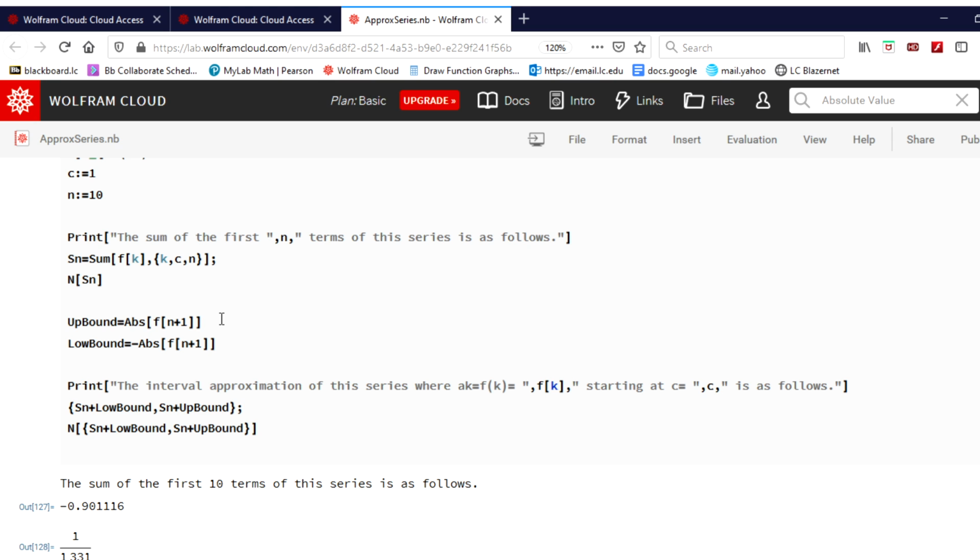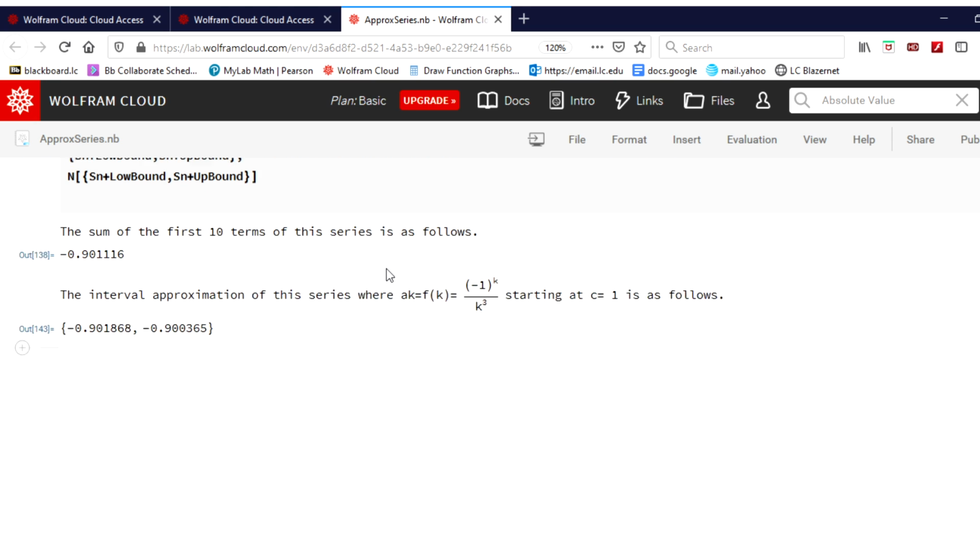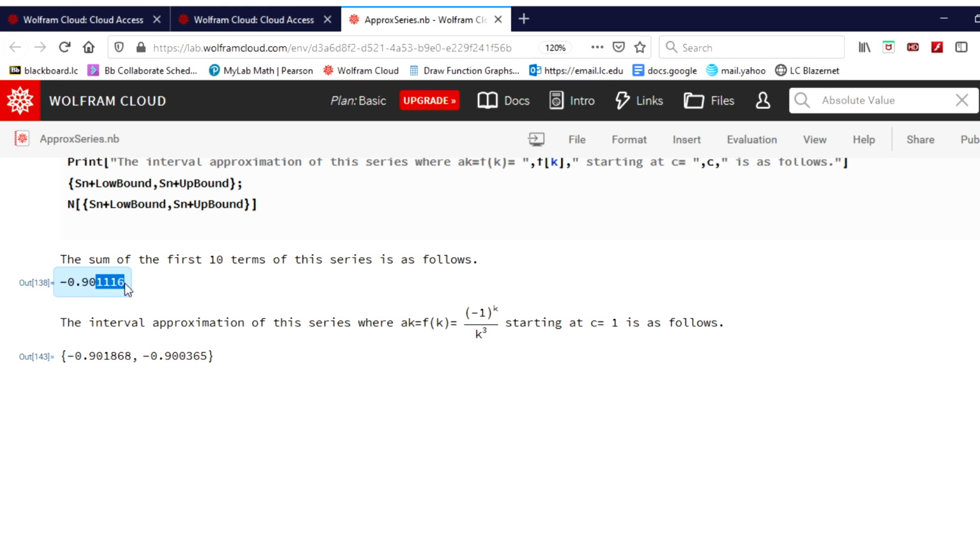And actually, let me go ahead and put semicolons at the ends of these bounds so we don't see those appear in our results. And here's our results. Here's the sum of the first n terms, negative 0.9011116. Here is that interval approximation. It's somewhere between negative 0.901868 and negative 0.900365 in value. All right?